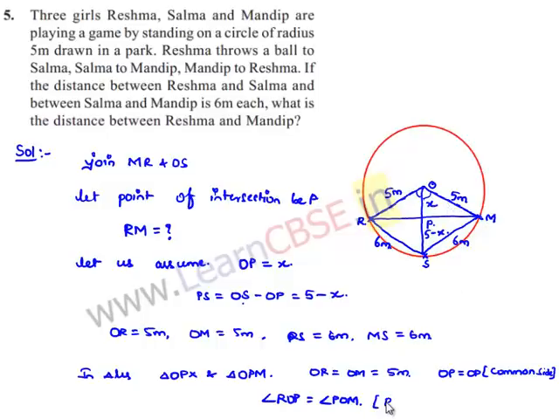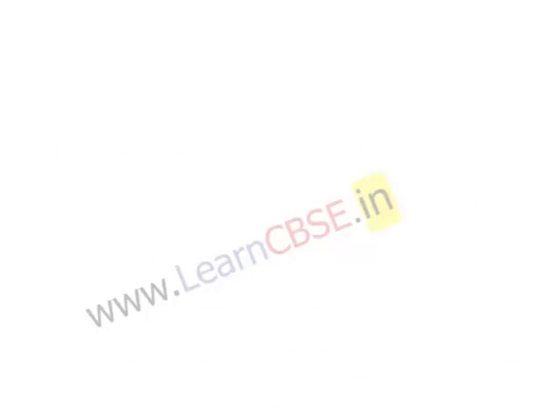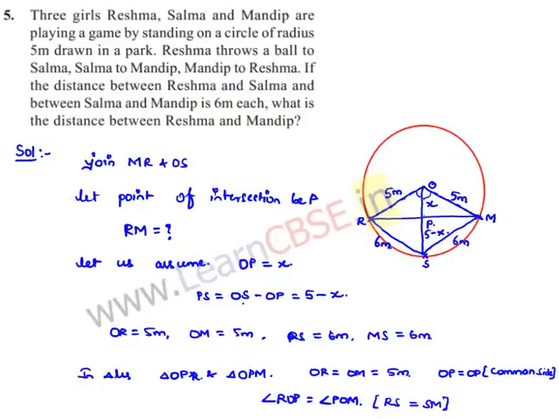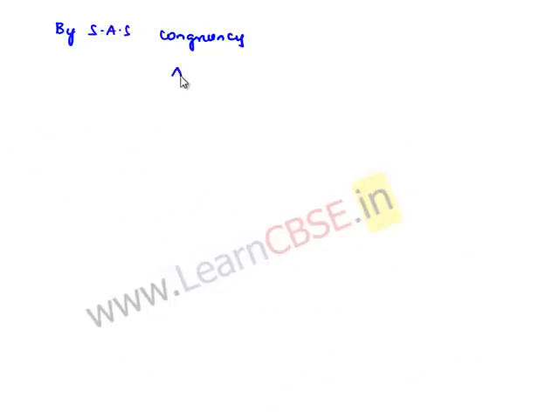Since the chord RS is equal to chord SM, the angles formed here, that is POM and POR, will be formed by arcs of the same length. Therefore the angles will be equal. Now by the SAS property of congruency, we can say that triangle OPR is congruent to triangle OPM.